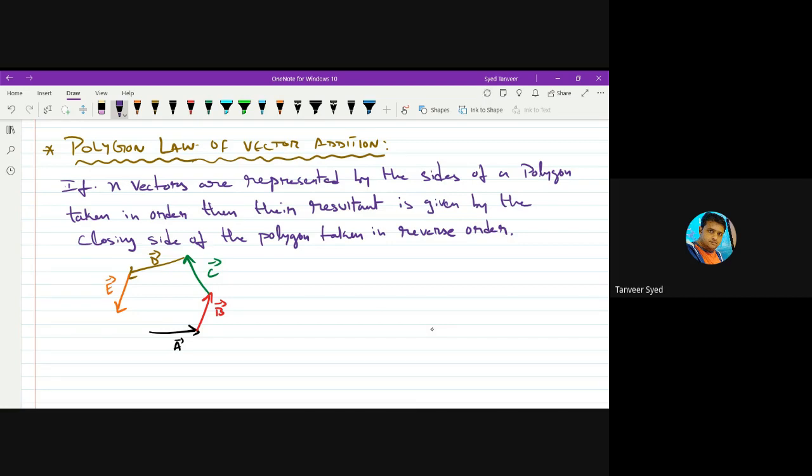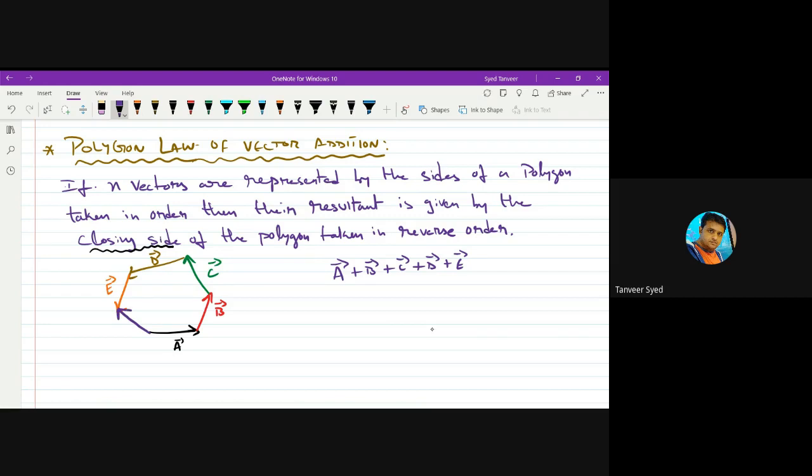So if I arrange these vectors like this, then the resultant of all these 5 vectors, that means vector A plus vector B plus vector C plus vector D plus vector E, is given by the closing side of the polygon, which is this.